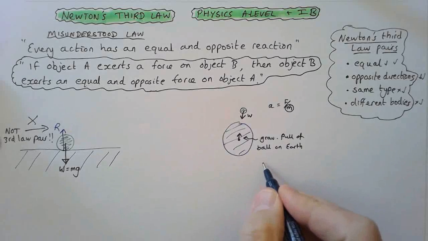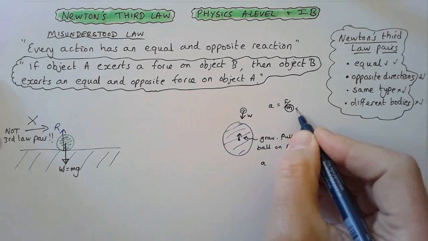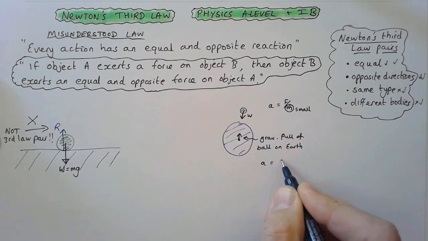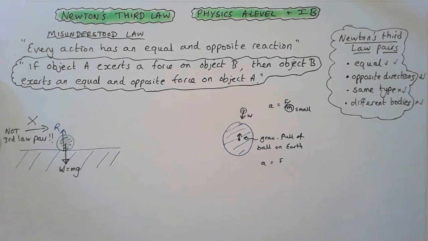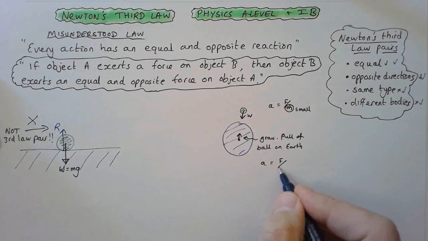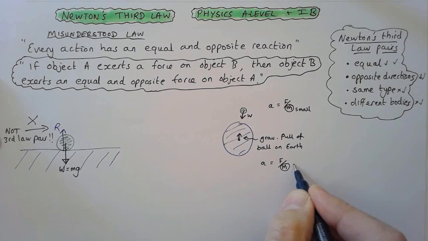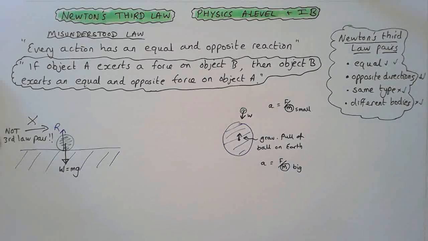On the other hand, if we look at the acceleration of the Earth, well, it's the same force, if it is the same size, which is what I'm saying it is, then the same force divided by the mass of the Earth would be the acceleration of the Earth upwards. But we know that the mass of the Earth is huge, astronomically big compared to the mass of the ball, so the acceleration will be tiny, negligible, effectively zero.